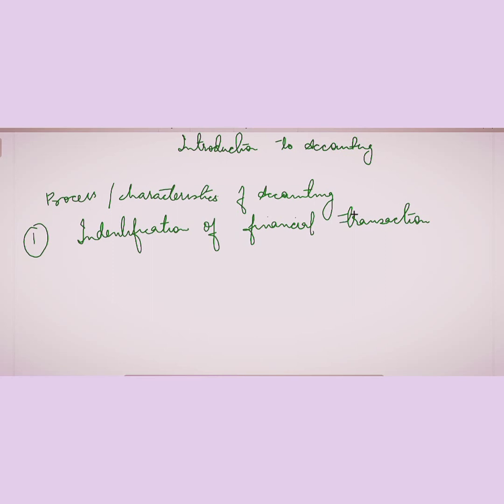What we have to do is we have to identify the transactions which are of financial in nature. This means we have to determine what to record and what not to record. Okay, so we have to identify the financial events to be recorded in the books of account.